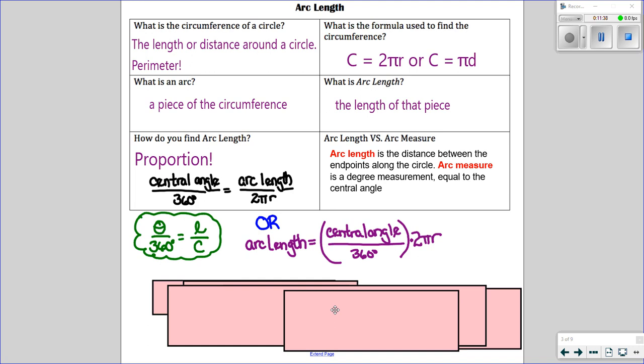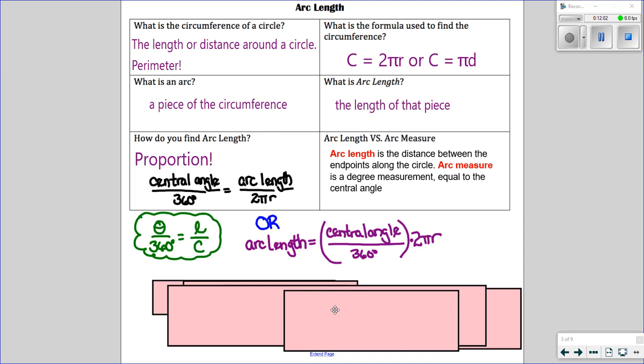So that's the length of it. Arc measure is a degree measurement, which is equal to the central angle. So they're two different things. If I say arc measure, you're looking for whatever the central angle is, and that will tell you that the arc measure is the same. Arc length, you have to actually use the formula to find what the actual length is.